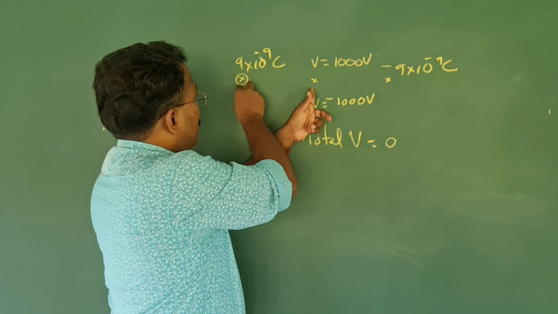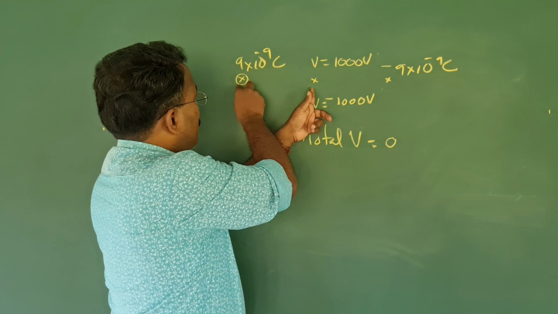All those points will have this potential of 1000 volts. I hope you can understand it. Correct, no? That surface, remember, is a sphere concentric with this. If you change the center, if you imagine the sphere like this, it is different. A sphere concentric with this charge and radius 9 centimeter will have a 1000 volt potential.